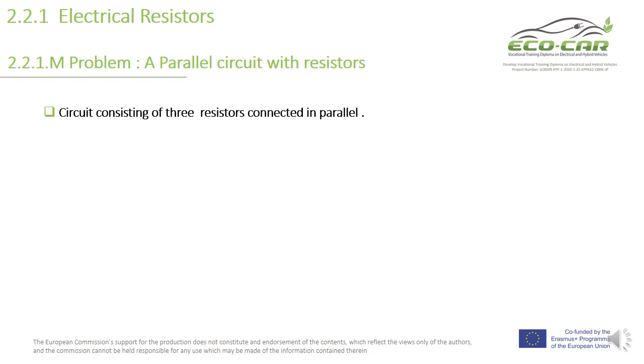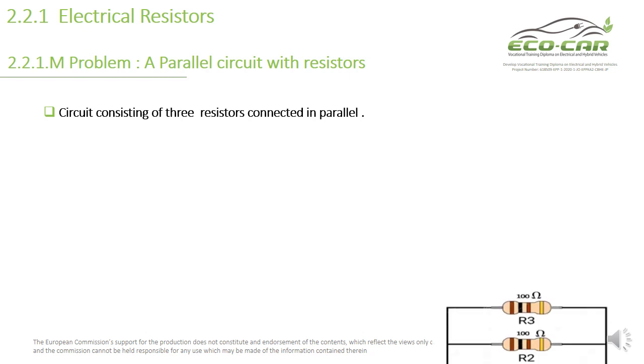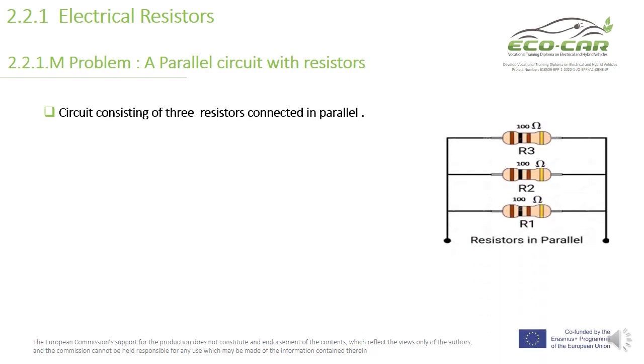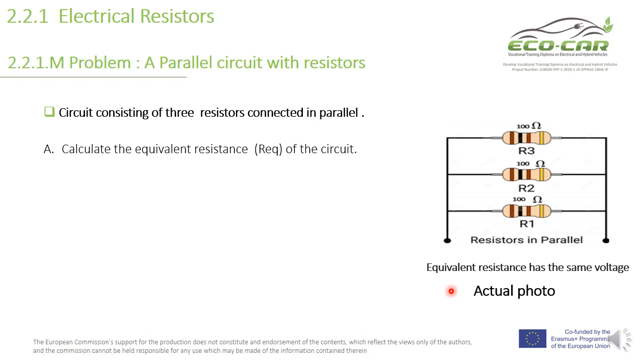The question is, if there is a circuit consisting of three resistors connected in parallel as in this figure, R1, R2, R3, each 100 ohms, and each resistor has the same voltage, calculate the equivalent resistance of the circuit.